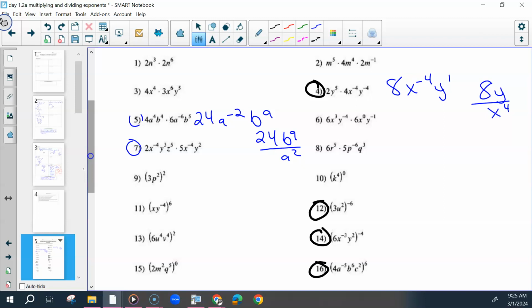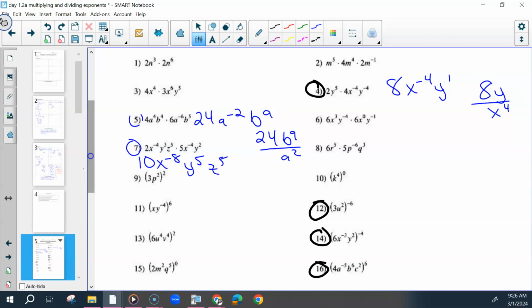Questions about that one? 7, same thing, we just had more variables. 2 times 5 would give us 10. Negative 4 minus 4 would be x to the negative 8. 3 plus 2 would be y to the 5th. Z doesn't have another like base, so just z to the 5th.